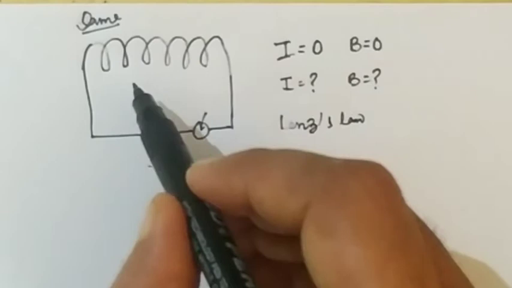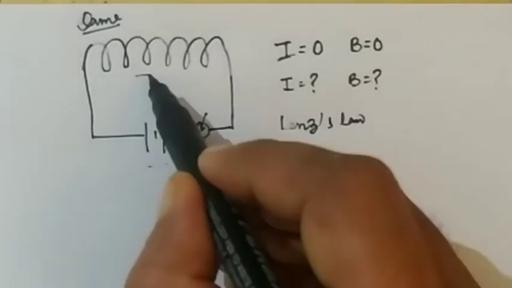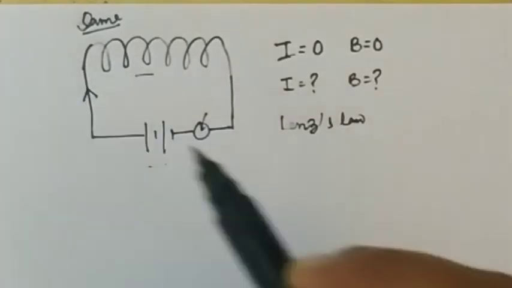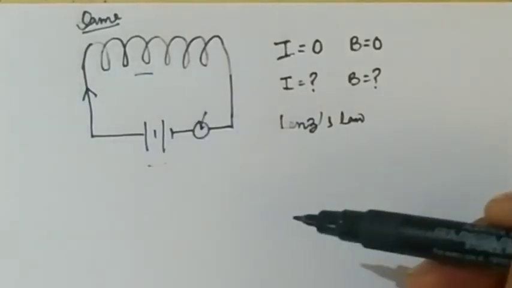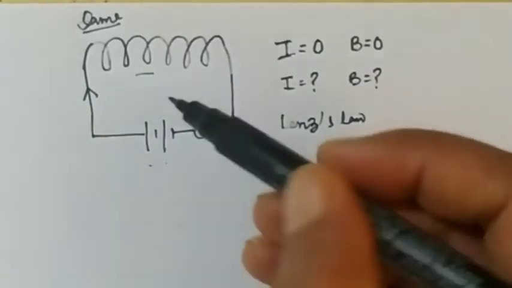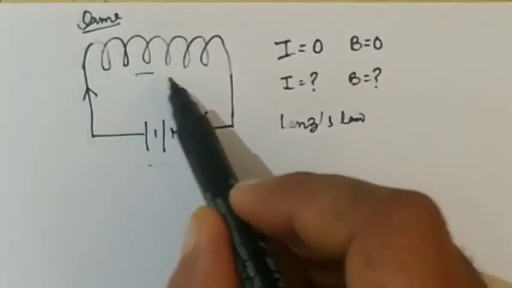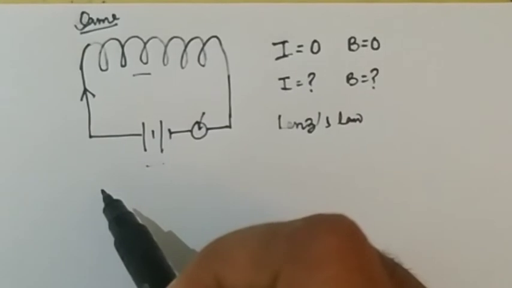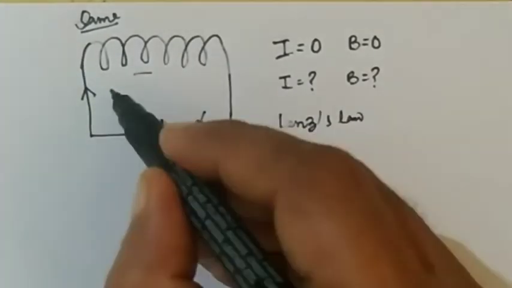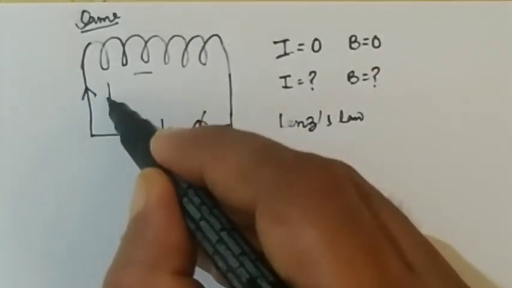Here this current is increasing the magnetic field, so the induced current is produced in the same coil to oppose this increase of current, that is, by inducing a current in the opposite direction.